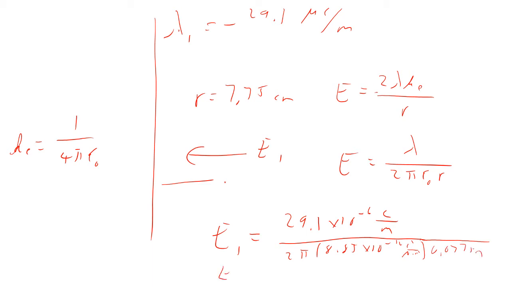So E1 vector is going to be minus 6750 newtons per coulomb i, because we know it's got to be in the negative direction because it has to go towards the negatively charged wire.